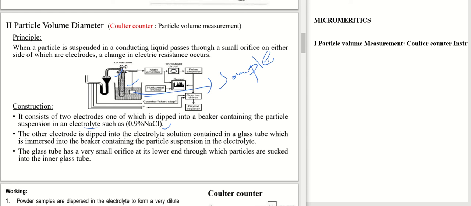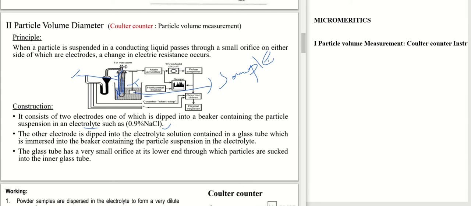The other electrode of this instrument is dipped into an electrolyte solution which is placed in a glass tube. So here we will be able to see one electrode and the second electrode. The second electrode is placed inside the glass tube, which is filled with the electrolyte solution. This is the setup.